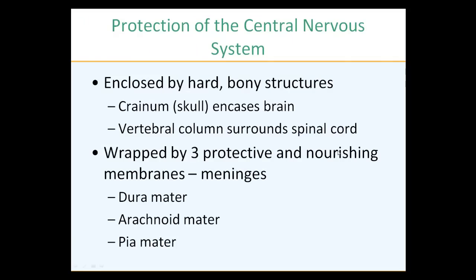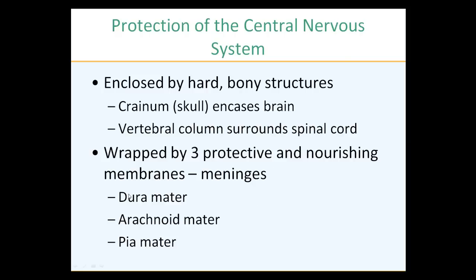So the central nervous system is very precious to us, so we really have to protect it. And one of the ways, as you have noticed, to protect the central nervous system is to enclose it in a bony structure, so you don't get it bumped, you don't get it hit or squeezed or twisted. And so the brain, we keep it in the skull. The spinal column will be surrounded by the vertebral column. But in addition to that, we add 3 layers of protecting and nourishing membranes, and we call those layers the meninges.